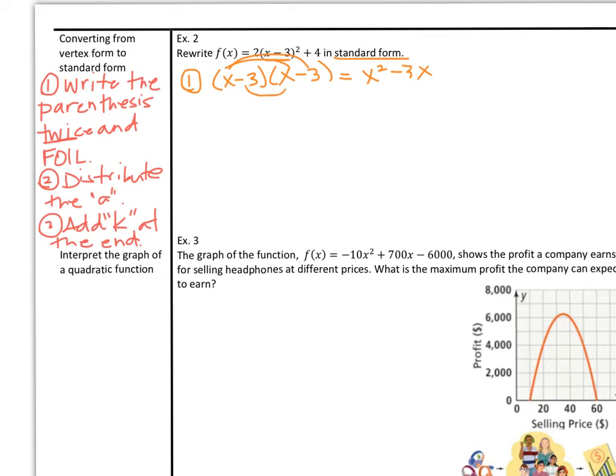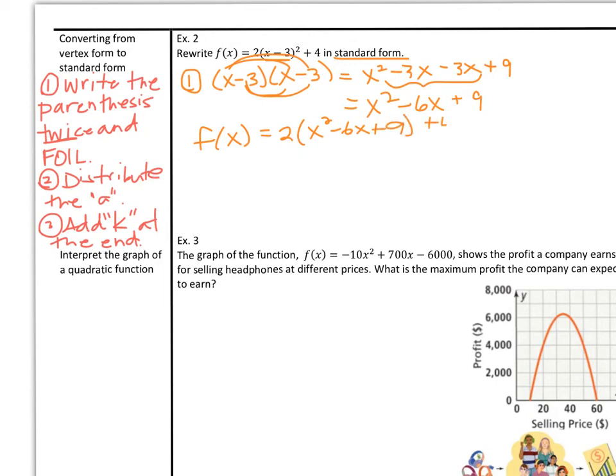We'll do -3 times x, the inside, minus another 3x. And then -3 times -3 is +9. Combining like terms, we get x squared minus 6x plus 9. That now goes in place of the x minus 3 squared. So now we have f of x equals 2 times x squared minus 6x plus 9 plus 4.